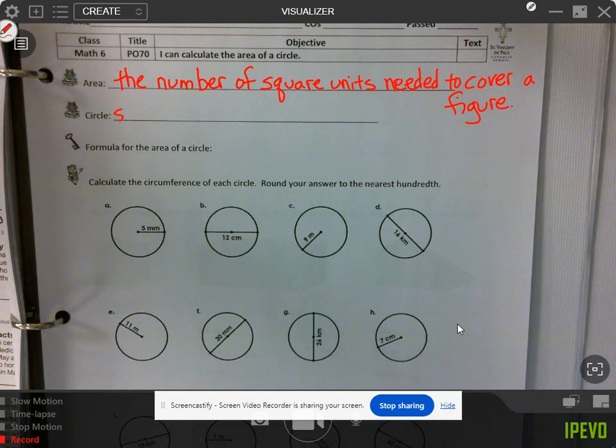A circle, remember, is the set of all points that are the same distance, so the radius, same distance from the center.